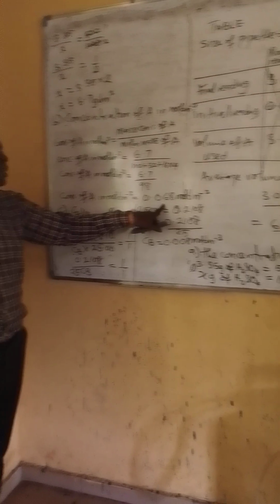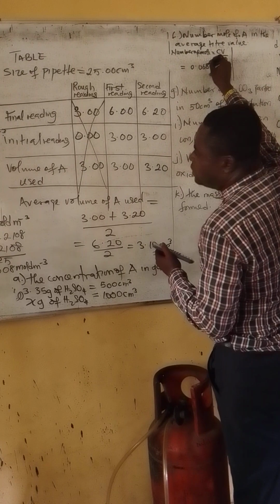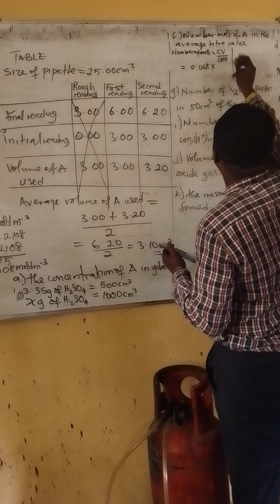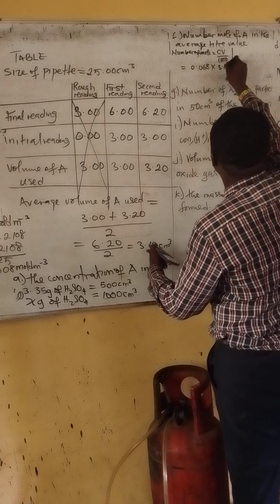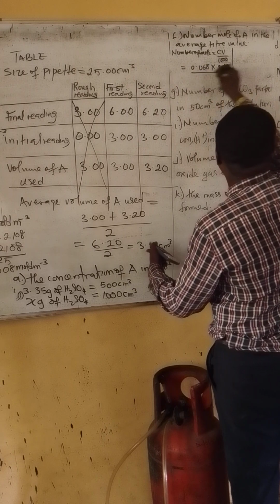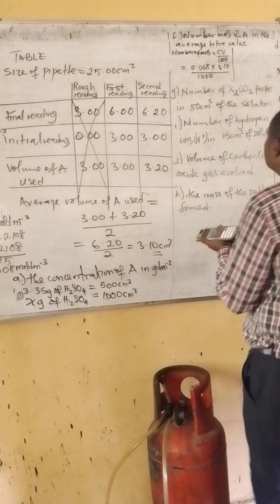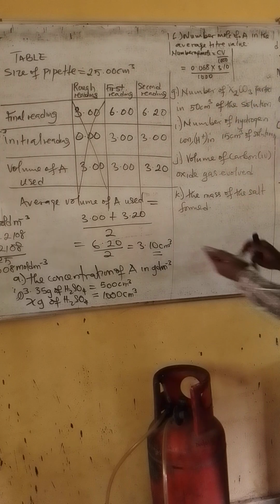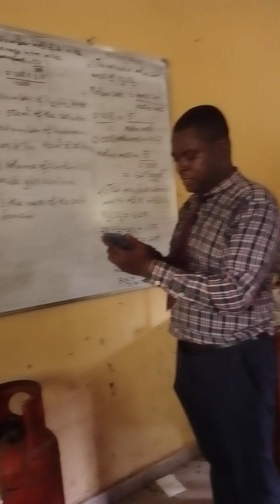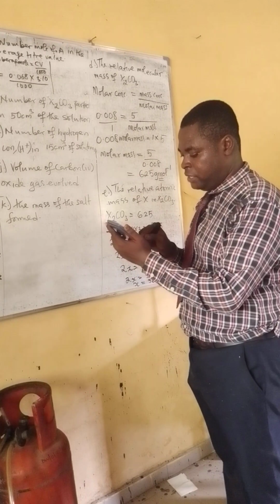This value is not useful now. That's 0.068. Now, times what's V? Volume of the pipette, that's average titer value. That was 3.10. Now over 1000. So our answer will now be 0.068 times 3.10, now divided by 1000.